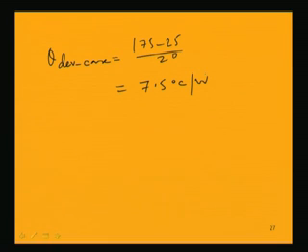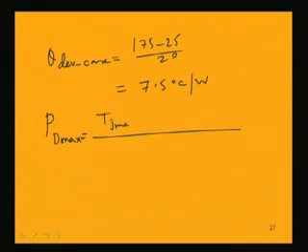You are asked to find out the maximum safe power dissipation, PD max, that will be equal to Tj max minus T ambient. Now, heat sink is there. So, the sink to ambient thermal resistance is given.